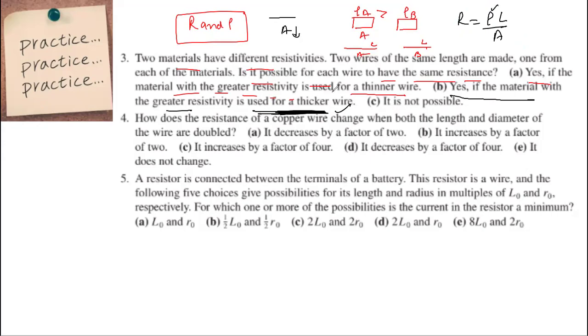So resistivity is already higher, but you make a thick wire, so you are trying to increase the area. When you try to increase the area, resistance will decrease. So the resistance was high earlier, but if you draw a thick wire out of that, the resistance will drop, and yes, then you can make similar or same resistance wires out of them. So option B is the right option for this.